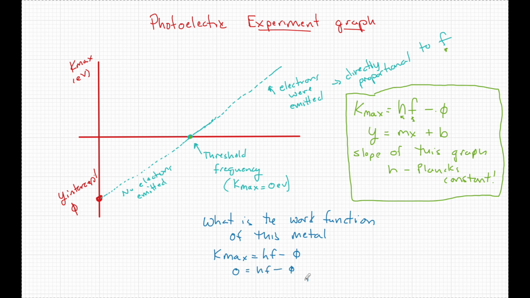So the work function is really just the threshold frequency times h. I just remember this was literally a question, and they gave a bunch of different types of options. It was like h over f or h times f. There was just probably a square root in there. But you have to remember that this relationship here allows you to find the work function of any metal, the threshold frequency times Planck's constant.